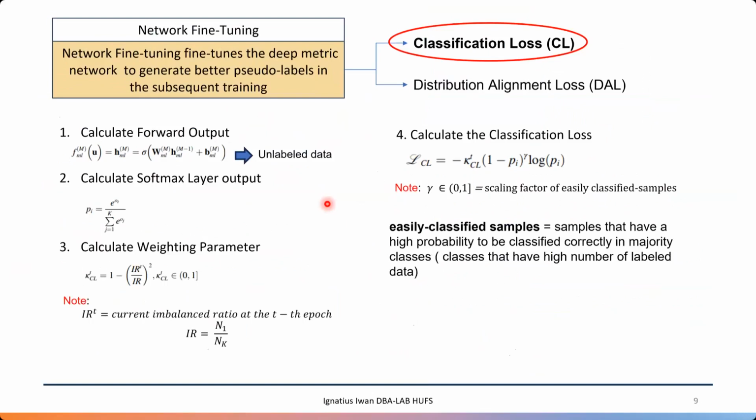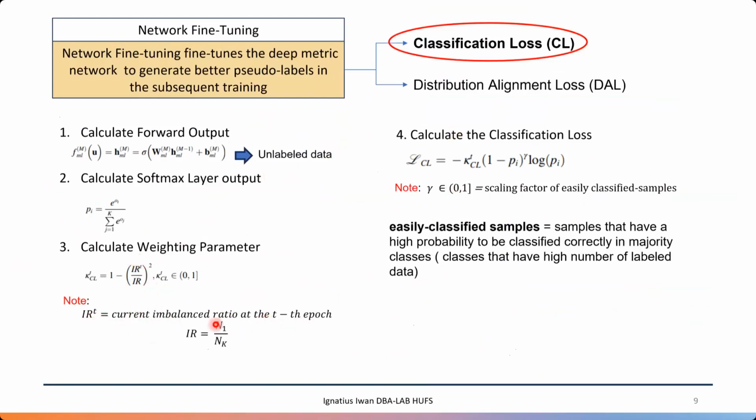And then for the network fine-tuning, basically there are two minor components. First is the classification loss. So instead of using the general cross entropy loss, they modified the loss by calculating a weighting parameter. So this is how they calculate the weighting parameter. And IR_t is the imbalance ratio at the t-th epoch.